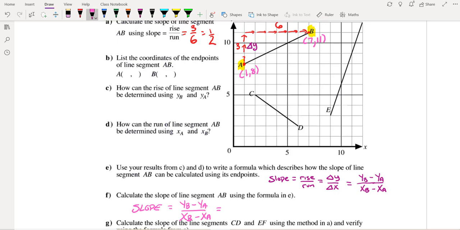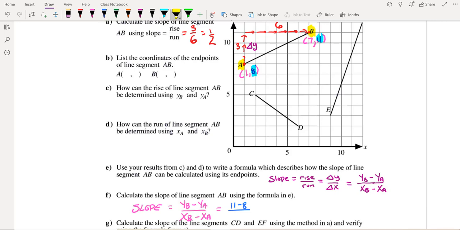Okay? So our yB value is 11 and our yA value is 8, so we go 11 minus 8 divided by our change in our x position.